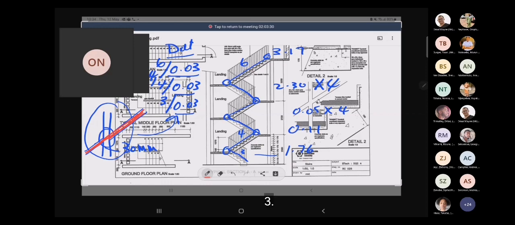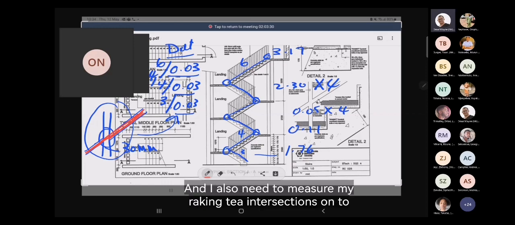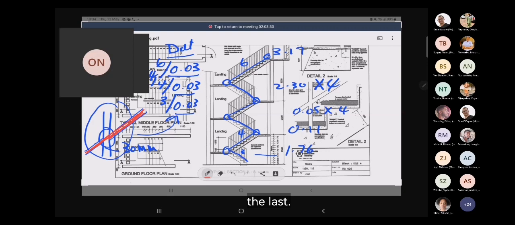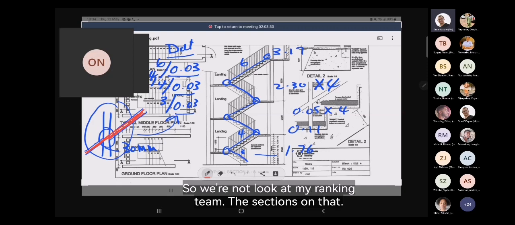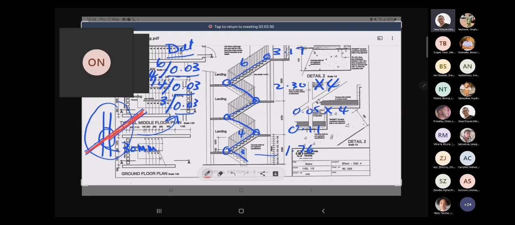Okay? And I also need to measure my raking T intersections on to the last. So when I look at my raking T intersections on that, what does that refer to?